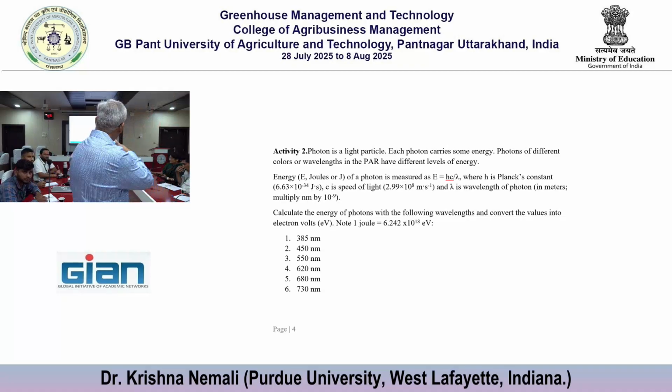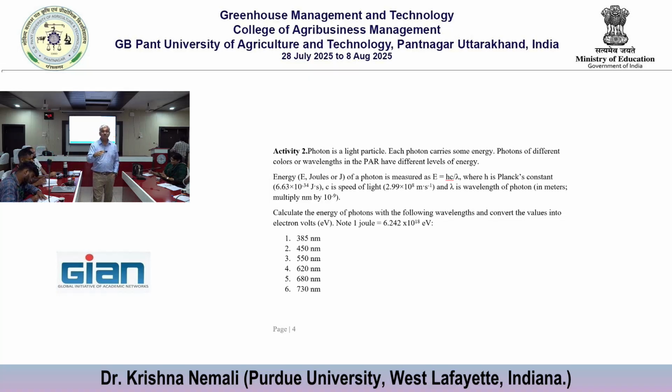Red light at 620 has the highest maximum photosynthetic efficiency simply because the energy is close to that 1.8 to 2. But UV on the other hand has much more energy, almost 50% more in this case. And when you hit the plants with so much energy, the plants get stressed.